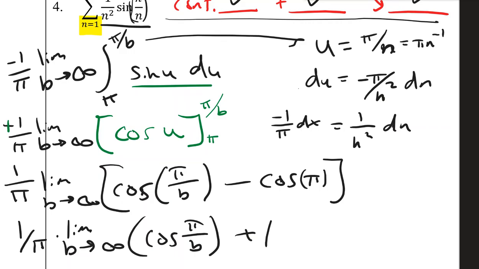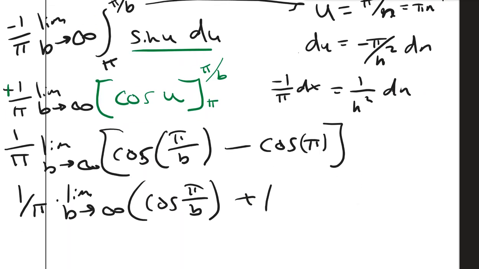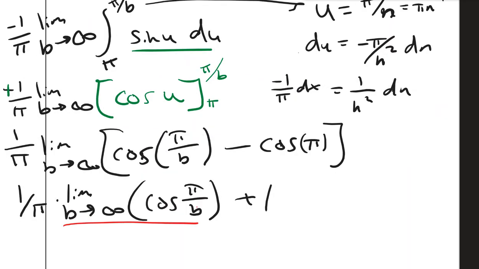All right, so basically what's going to determine the answer to this question is how this limit's going to work out. So as b goes to infinity, this fraction goes to 0, and if this is going to 0, the cosine of 0 is 1. Add this one, so you get 1 over pi plus 1, which is not infinity or negative infinity.